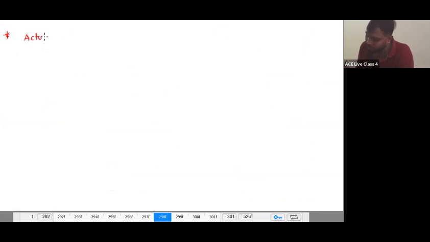The actual flow rate. So Q actual is equal to the actual area of the jet into the actual velocity.